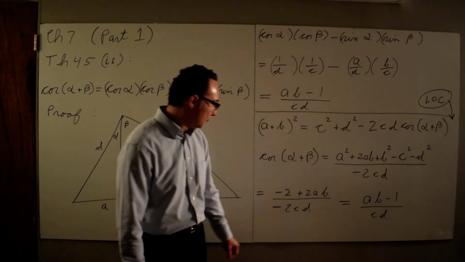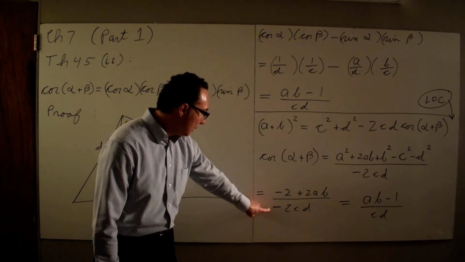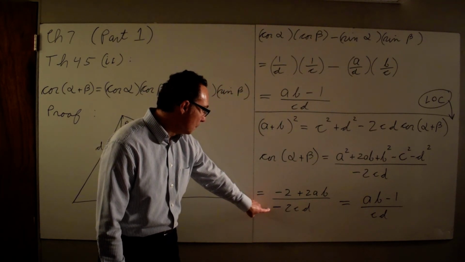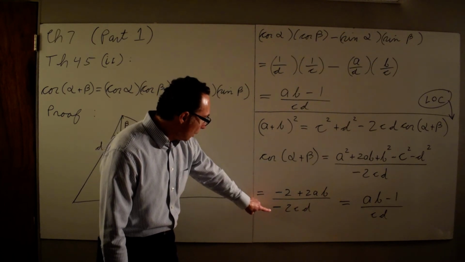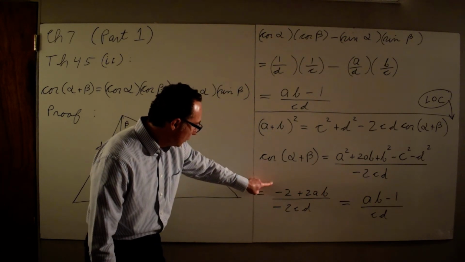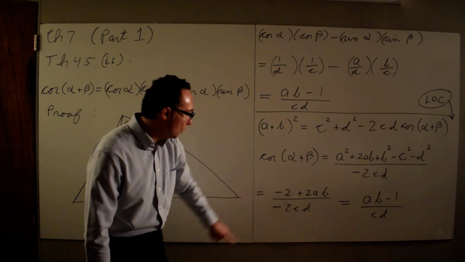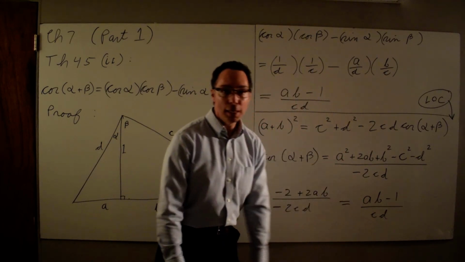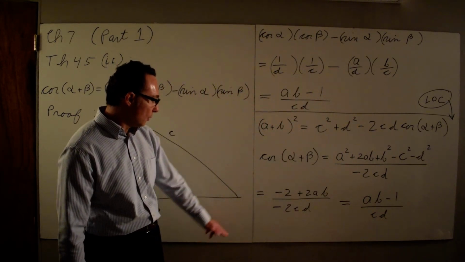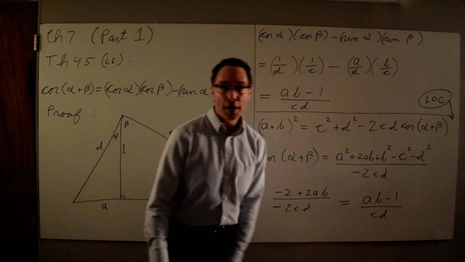Then we have plus our 2ab divided by negative 2cd. Then we factor out a negative 2 here, and it cancels with this negative 2. When we factor out the negative 2, that's why we have ab minus 1. And so this simplifies to ab minus 1 divided by cd.